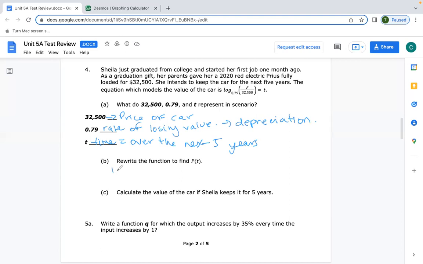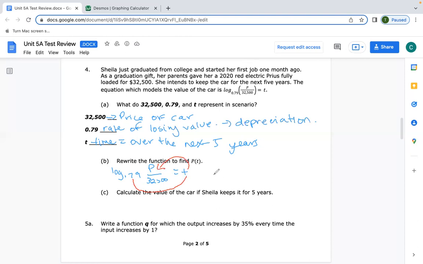All right, so we're going to rewrite this function to find what p of t is. So right now we have log base 0.79 of p divided by 32,500 equals t. So now we're going to take this log and put it back into exponential. Okay, so we're going to do the exact same thing that we would do if we were going from exponential to log. We start at our base, which is 0.79, go to our outside, and then finish over here.